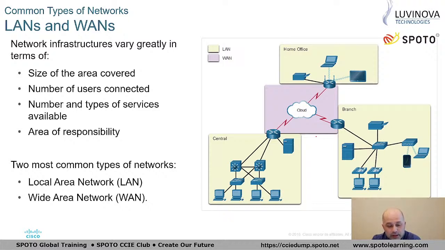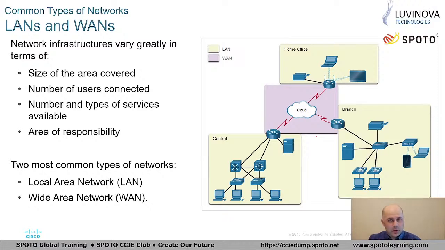So, network infrastructures vary greatly in terms of the size of the area covered, the number of users connected, the number and types of services available, and the area of responsibility. So a LAN, local area network, is basically your building. The geographical location for this is limited to a building, small building, big building, large building, but still a building.